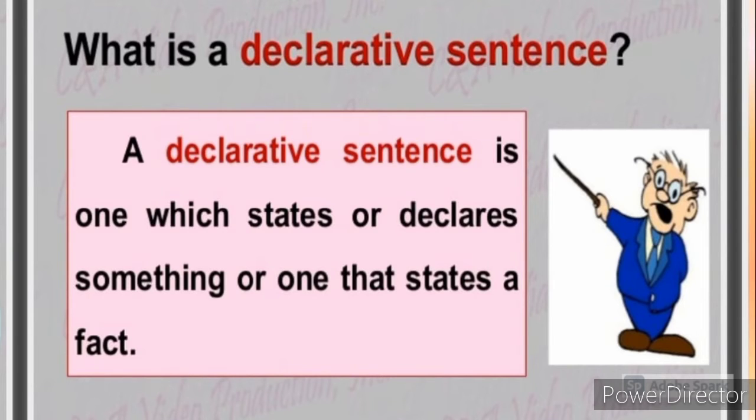So what is a declarative sentence? A declarative sentence is one which states or declares something, or one that states a fact. So usually declarative sentences can be called facts, or they can be called statements.